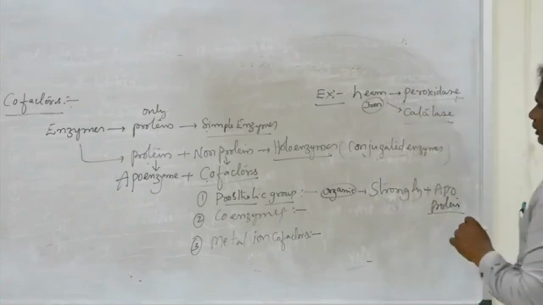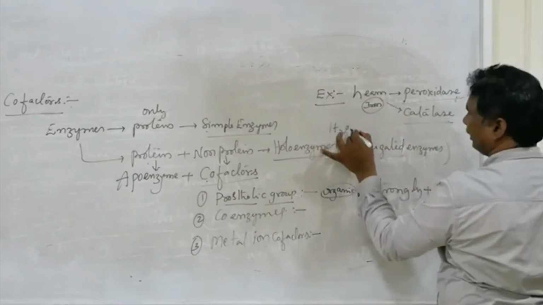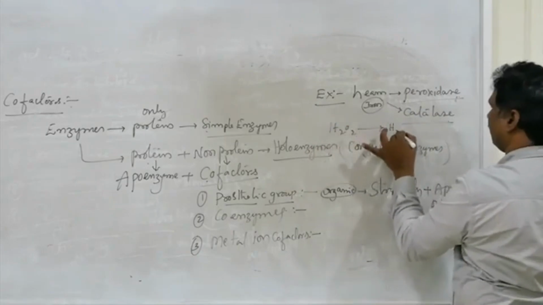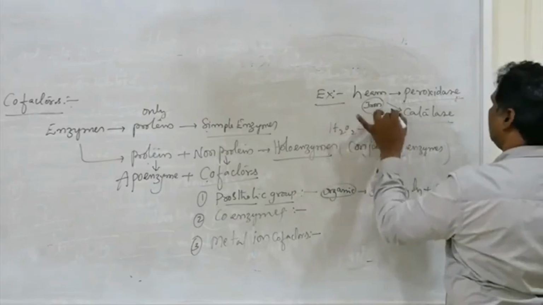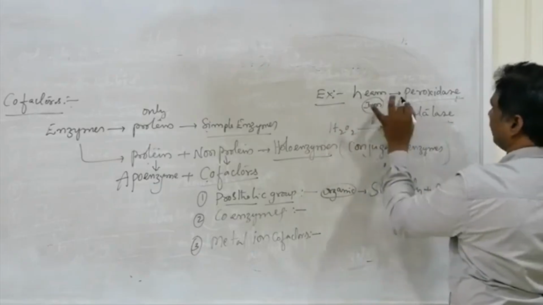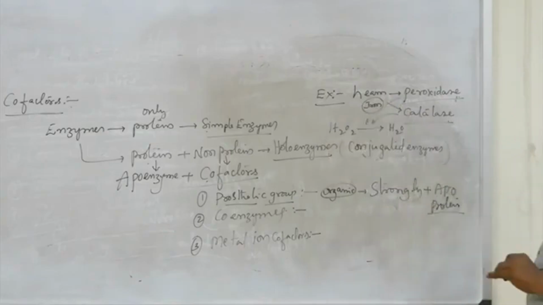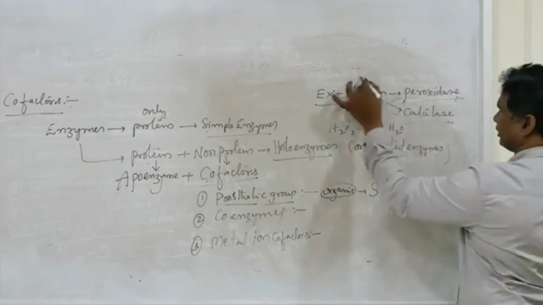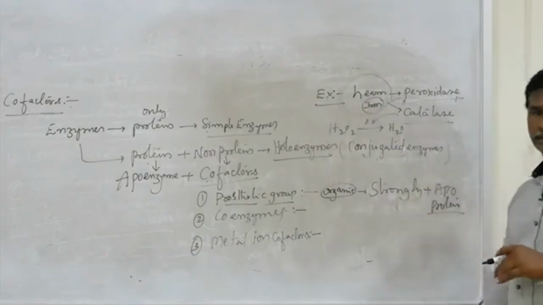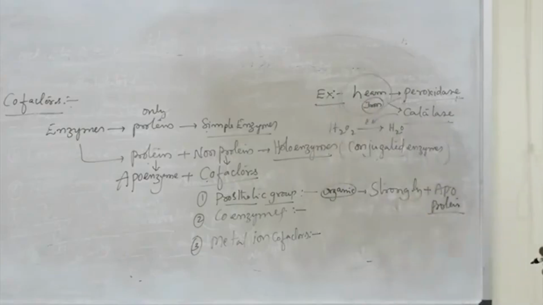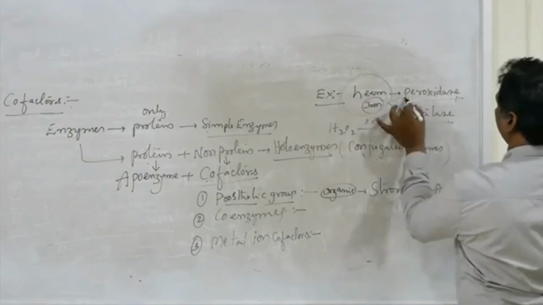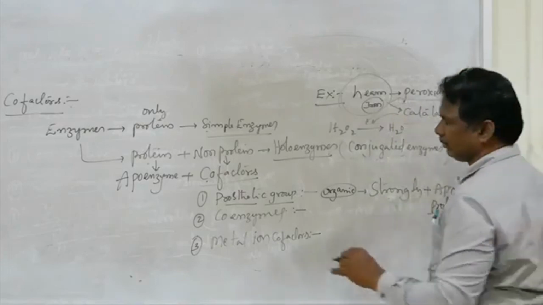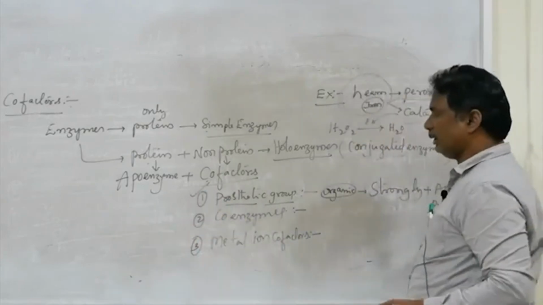You know that hydrogen peroxide is converted into water molecules in the presence of the enzymes catalase and peroxidase. In those, heme acts as a prosthetic group. Heme acts as a prosthetic group to the peroxidase enzyme. That is the prosthetic group.